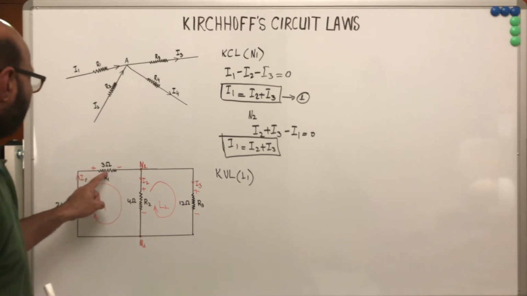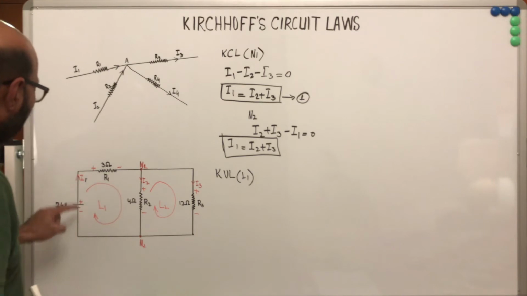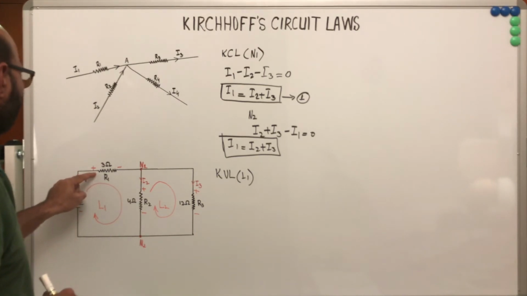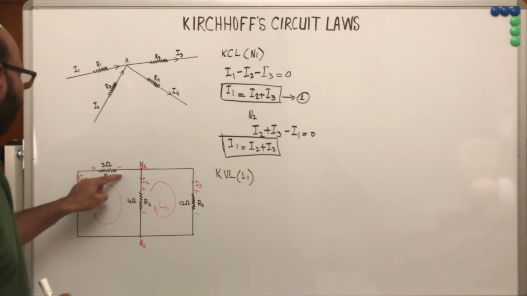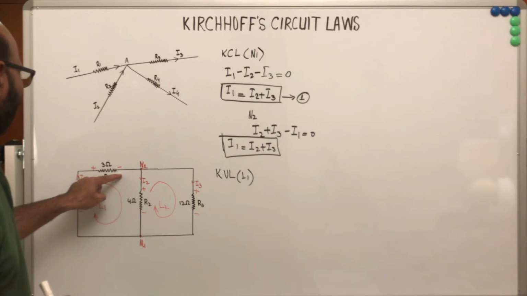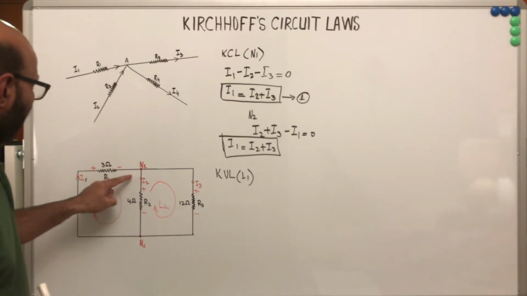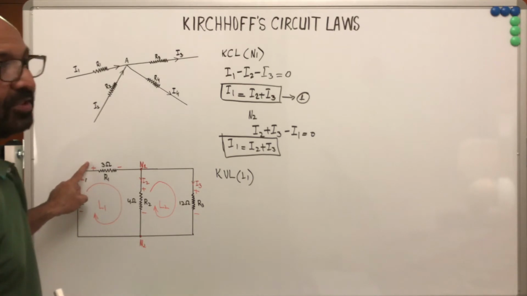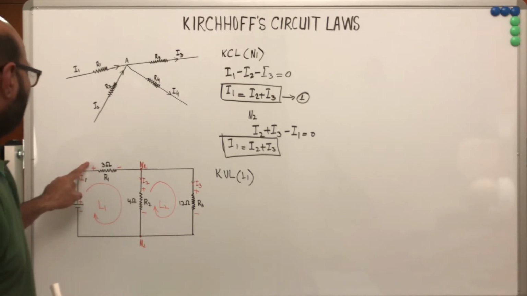While moving in the loop, we'll consider the sign. If the current is moving from positive to negative, it means there is a voltage drop. And if the current is moving from negative to positive, it means there is an increase in voltage.